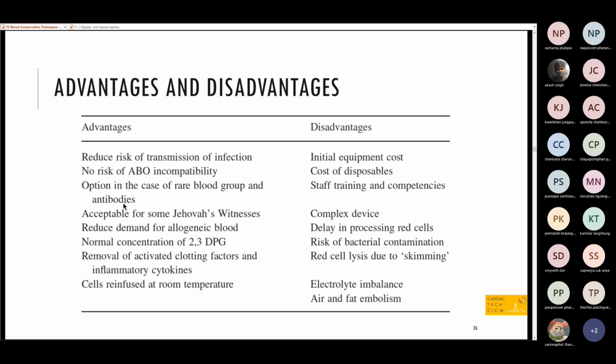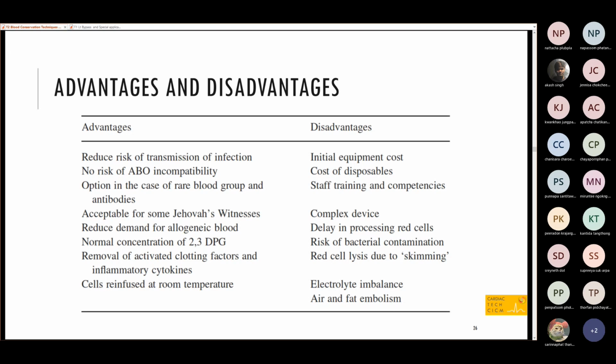But the main advantage that we need to look at is the reduced transmission of infection, because it does not use transfusions from a donor. So the risk of transmission is quite reduced. There is no risk of ABO mismatch because it's the same blood group, as the patient uses their own blood to reinfuse.